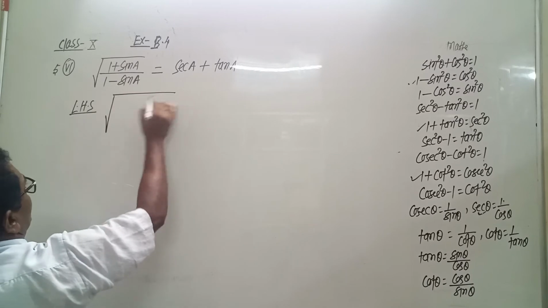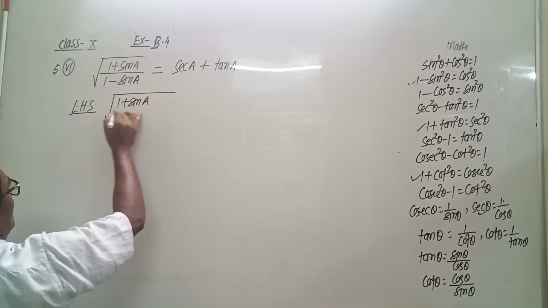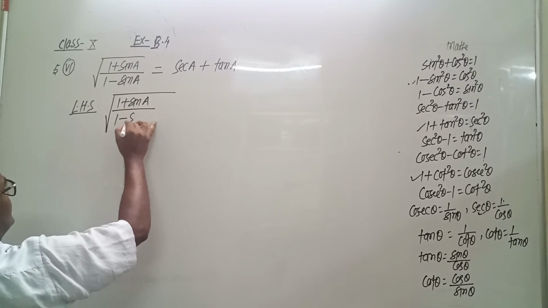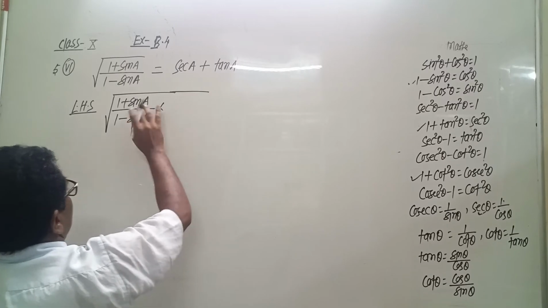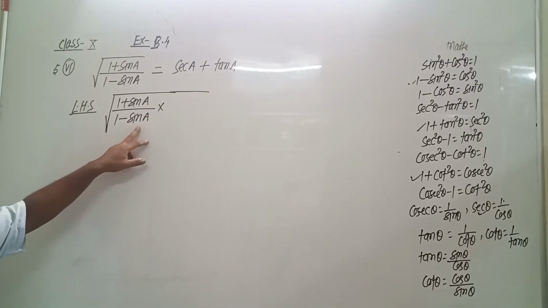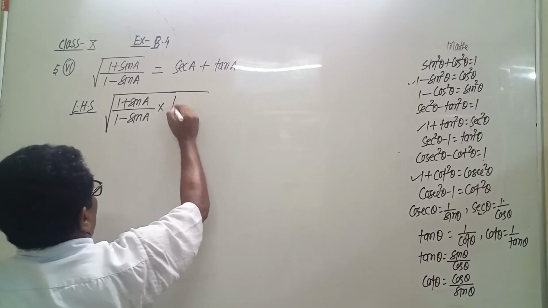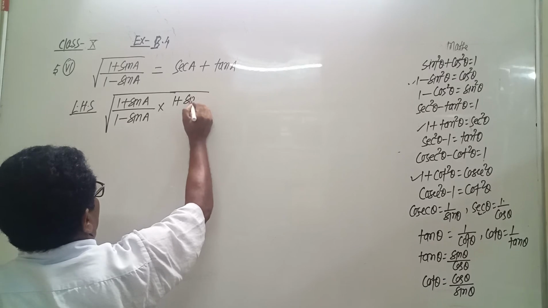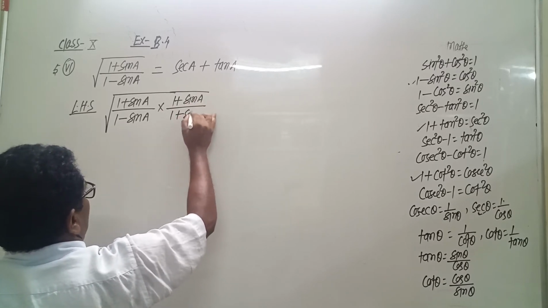So root over 1 plus sine A upon 1 minus sine A, and we multiply the numerator and denominator by the opposite sign of 1 minus sine A. So we multiplied by 1 plus sine A in the numerator and in the denominator.